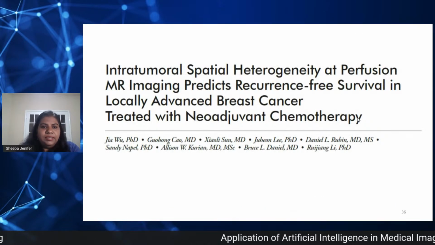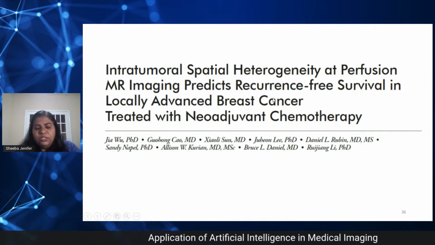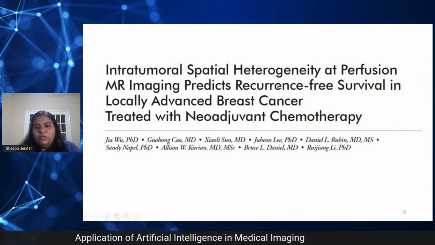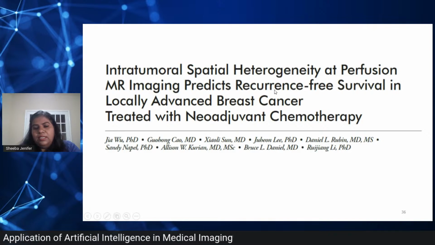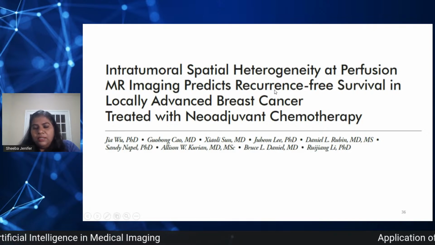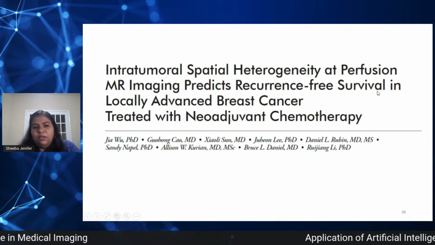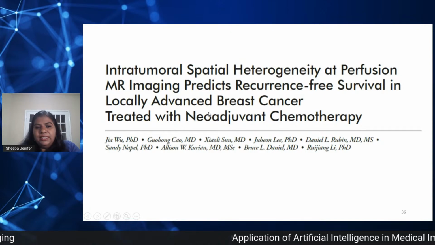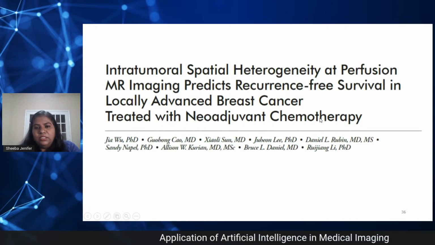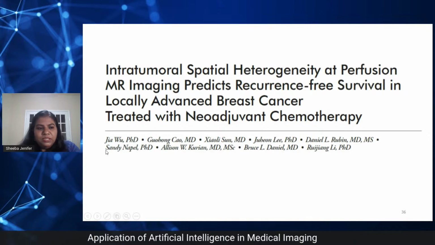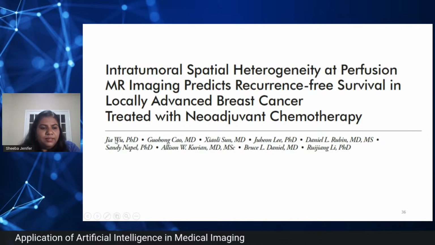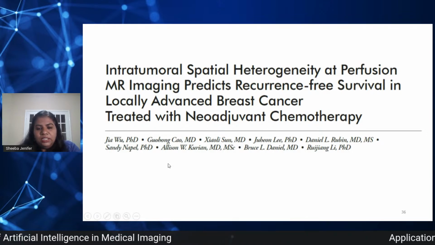The same kind of experiment is repeated for perfusion MR imaging to predict recurrence, whether the cancer will repeat or not, and whether the patient will survive or not, for advanced breast cancer treated with neoadjuvant chemotherapy. This paper was published by my lab PI, Dr. Jiawu.